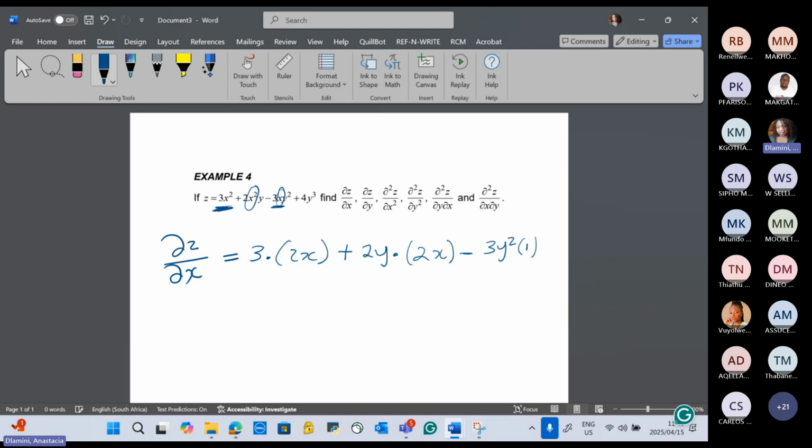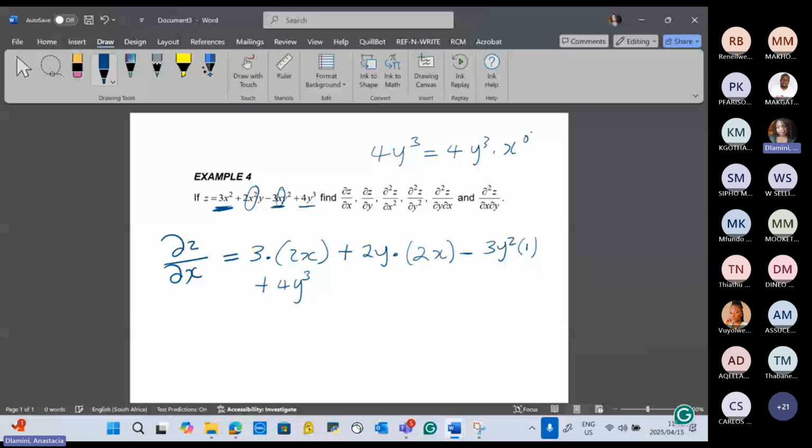Do we agree that 4y to the power of 3 can be written as 4y to the power of 3 times x to the power of 0? Yes. So meaning, what are we leaving here? 4y cubed.